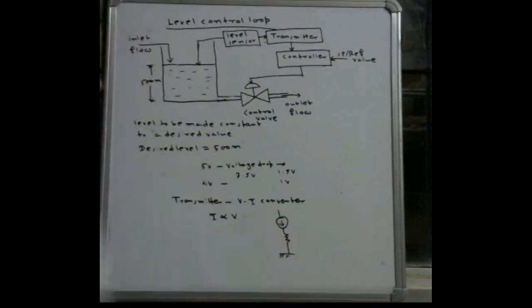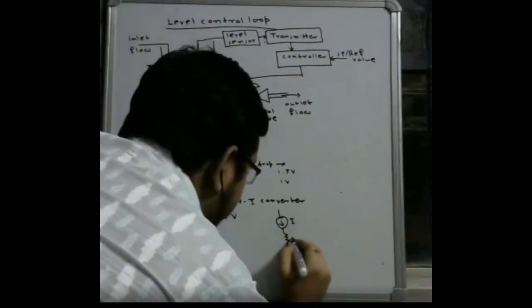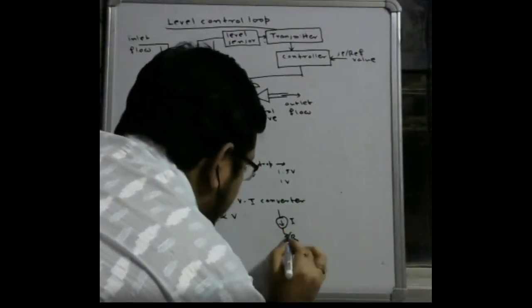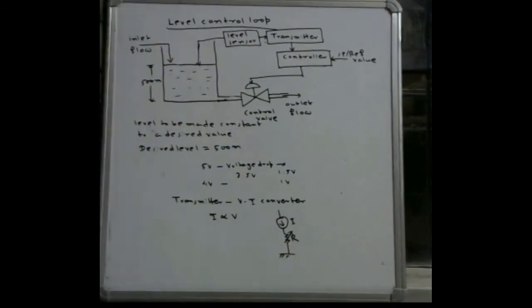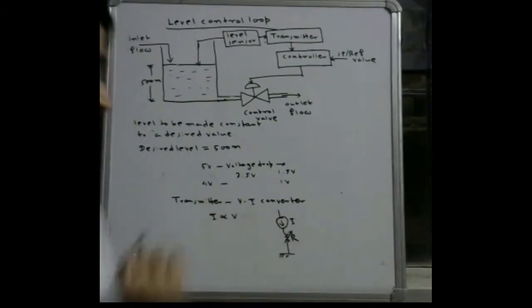Suppose this one is the conductor resistance, this one is the I, this R. So if this R is varying, there will be no change in the value of I. So I remains constant. It does not depend on the value of this R.